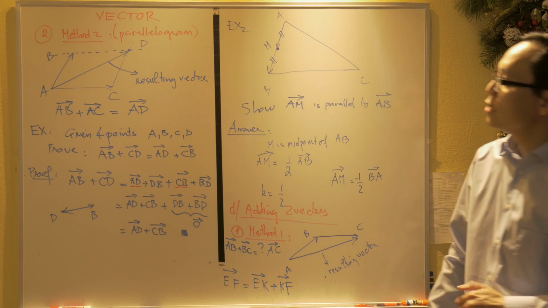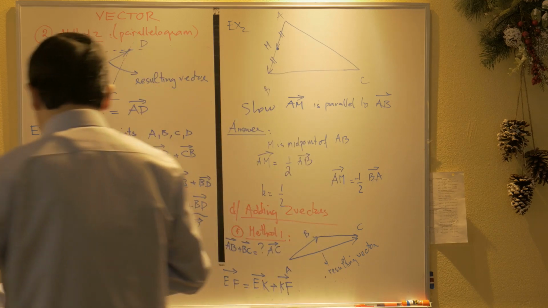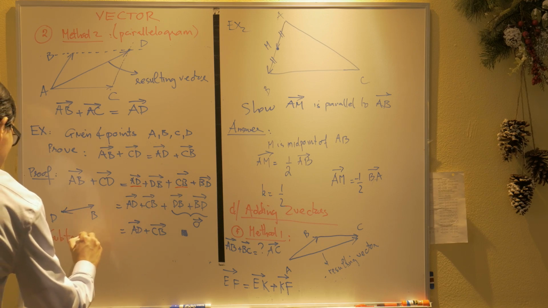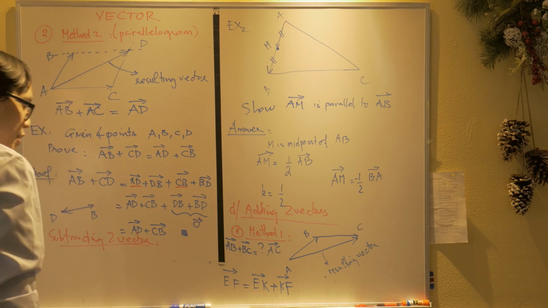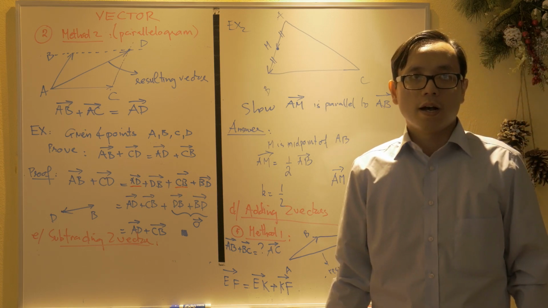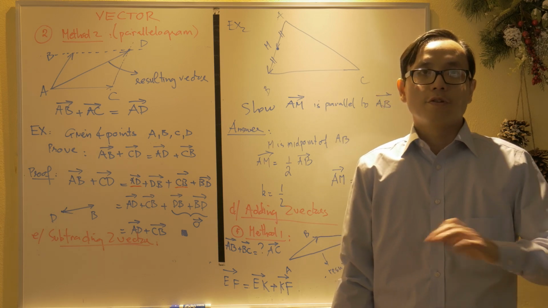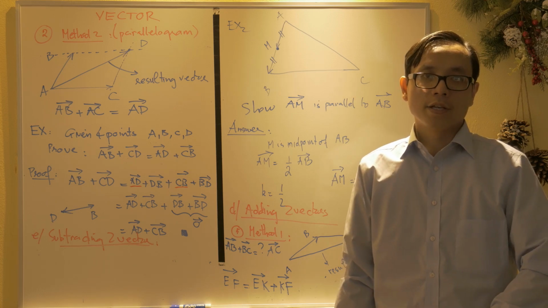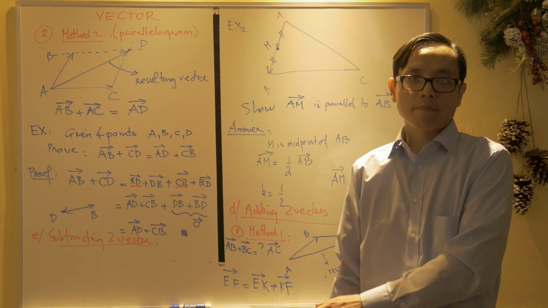Okay, so that is for adding two vectors. How about subtracting two vectors? Is it the same as adding two vectors? So part E, I want to talk about subtracting two vectors. Remember that when you subtract two numbers, for example 5 minus 2, it is the same as adding the number 5 to a negative number 2, right?